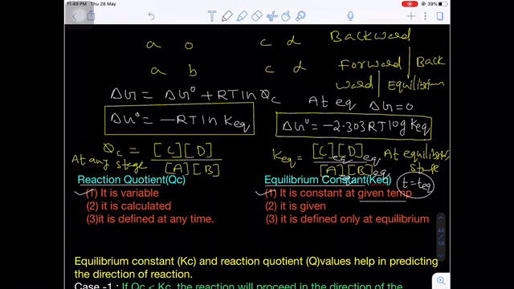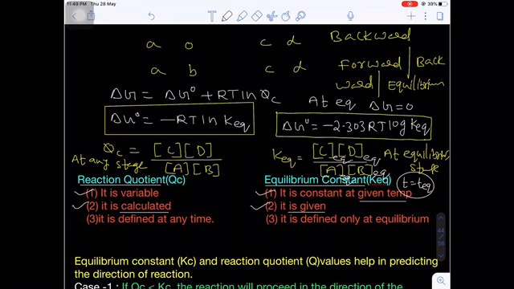In the last lecture I told you the effect of temperature on the equilibrium constant, that is very important. Number 2, the reaction coefficient is a calculated value, but this is a given value, that is an experimental value. So in the question it must be given to you.